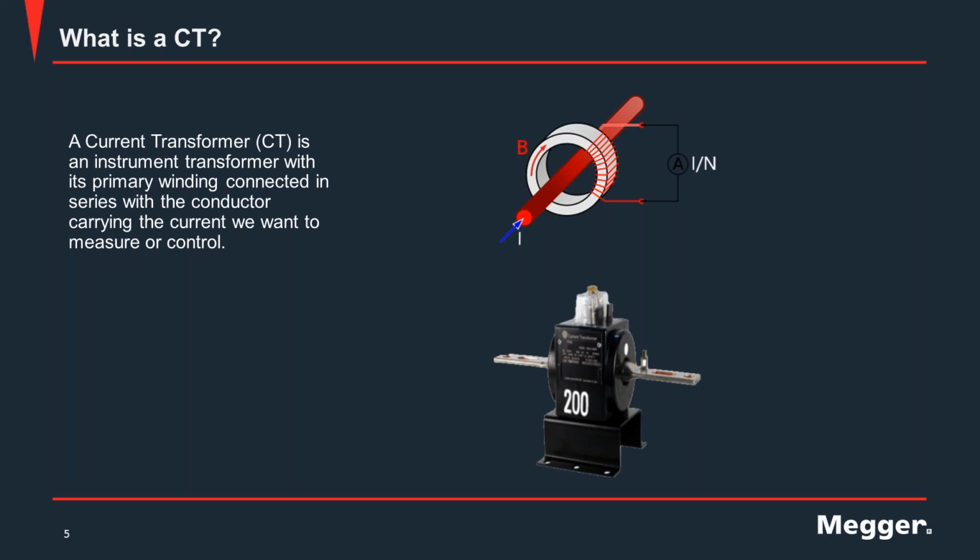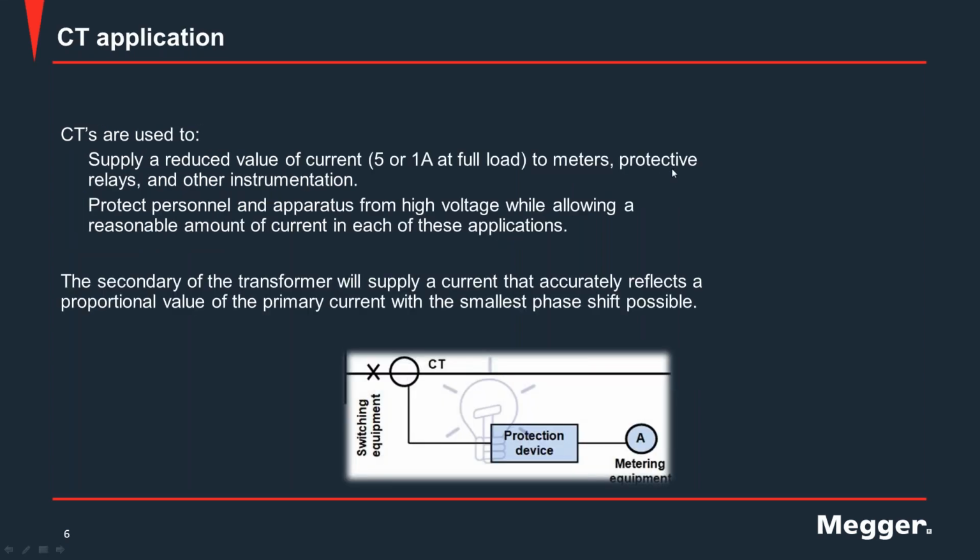A CT is defined as an instrument transformer with its primary winding connected in series with a conductor carrying the current we want to measure and control. CTs are used to supply a reduced value of current, typically 5 amp or 1 amp at full load, to meters, protective relays, and other instrumentation like transducers.